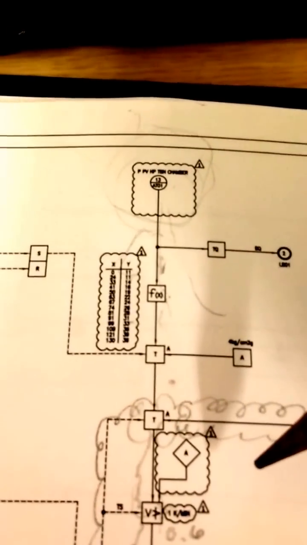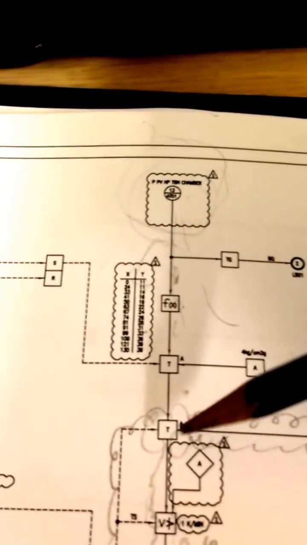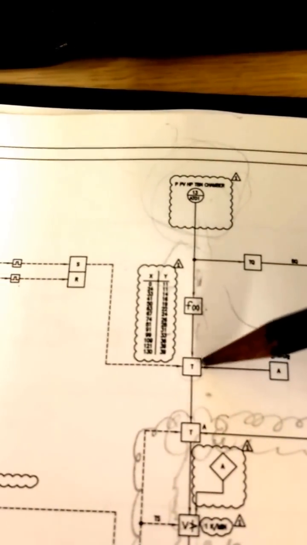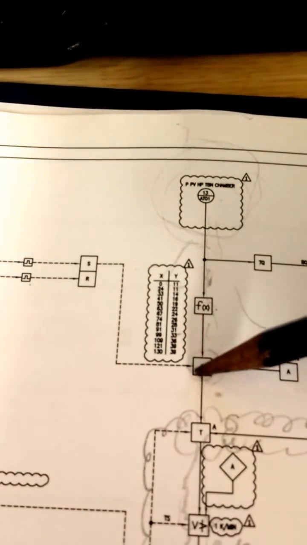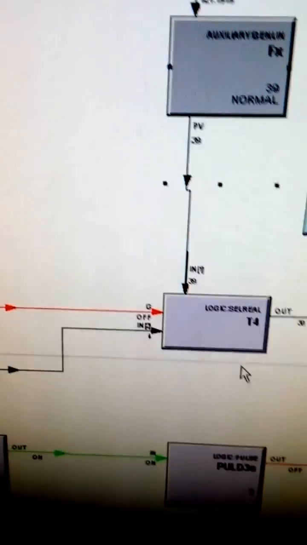Okay, and another block. This is a transfer switch. We can see it here. It is a logic or G selector. It's just the same.